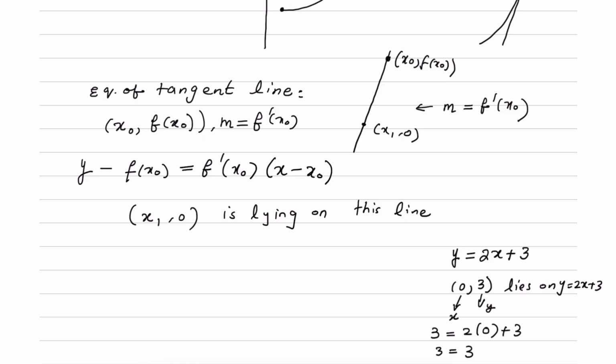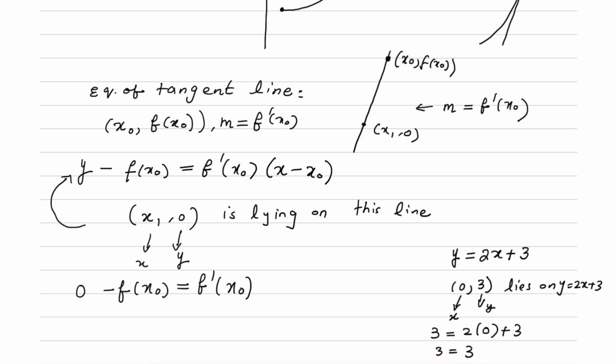Now let's get back here. We have to make this point x1, 0 lie on this line. This goes in the place of x and this goes in the place of y. Make it lie on this line. So in the place of y we have 0 minus f of x0, equals f dash x0 times (x1 minus x0).